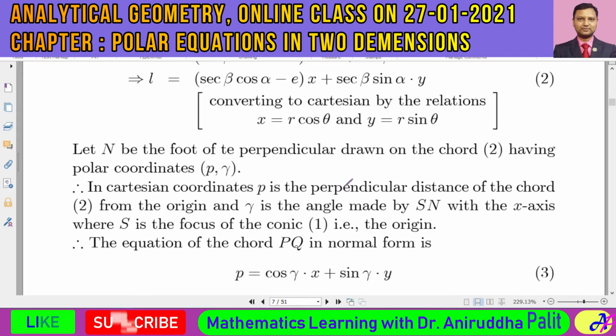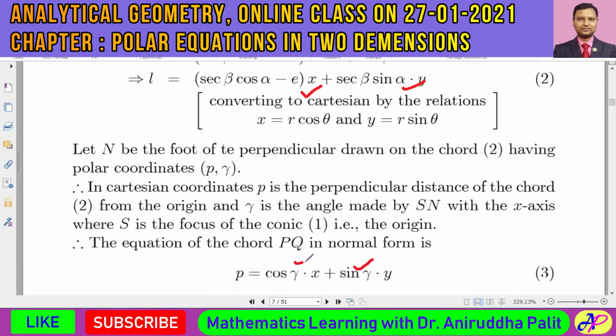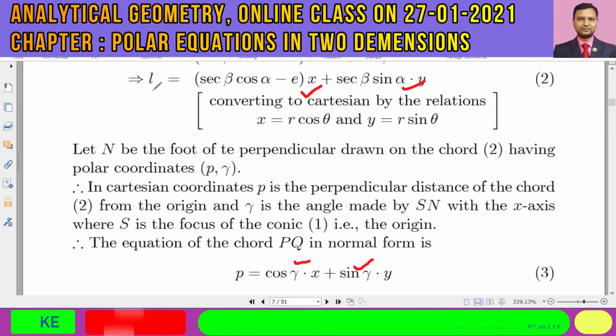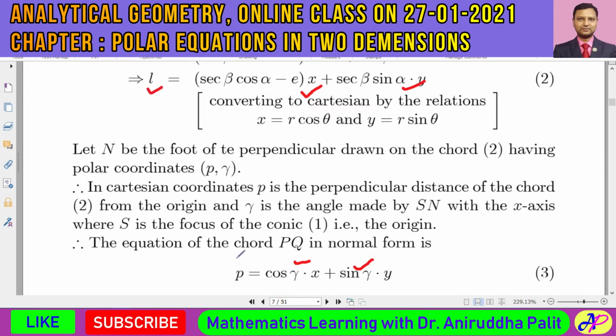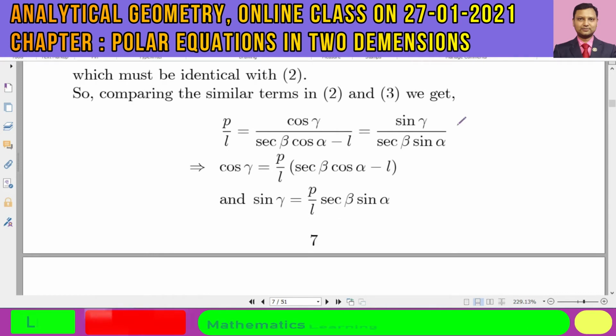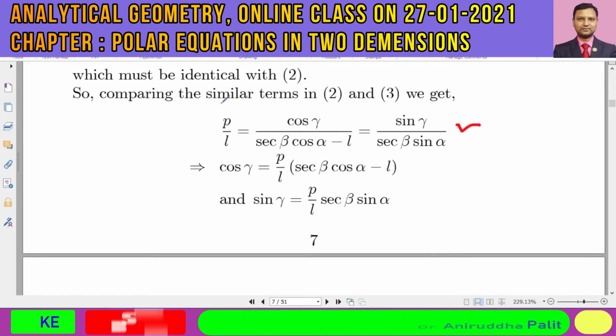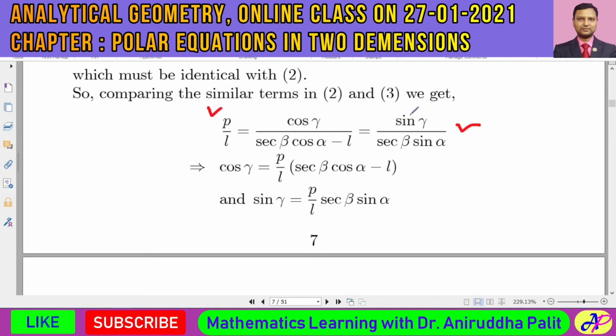Similar terms means that we can compare the coefficient of x and the coefficient of y from these two equations, and similarly we can compare this constant term L and this constant term p. So we compare similar terms from equation number 2 and 3, and we get this type of relation. If we consider the first ratio and second ratio, we will be able to compute cos of gamma.